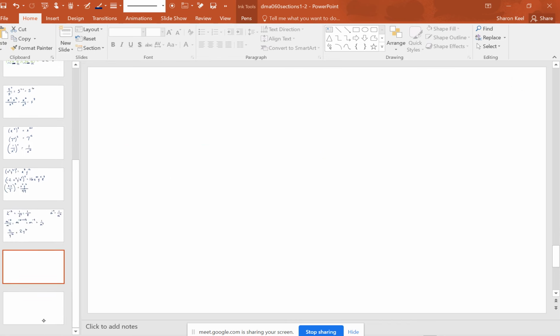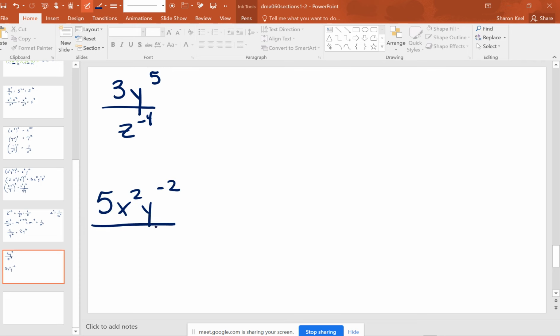Okay, let's do 1 or 2 more of these. Let's say we have 3y to the 5th over z to the negative 4. And then we're going to do 5x squared y negative 2 over z to the negative 7.